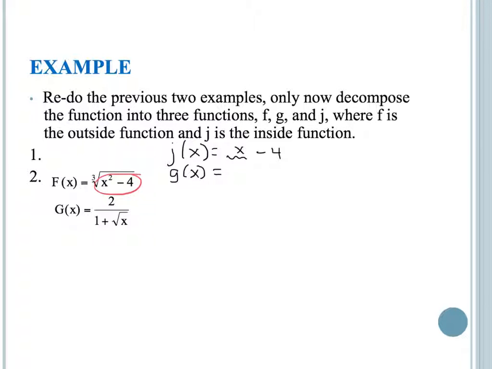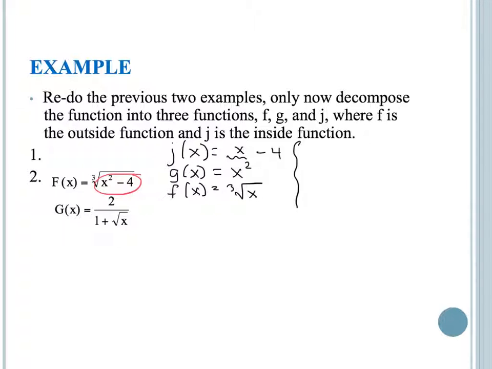So all I want to do is replace the x term with an x squared. If I plug in x squared for my original x's, I would now have what's sitting underneath the cube root function, which means my f of x function has to be the cube root of x. And that should give me my original f of x function.